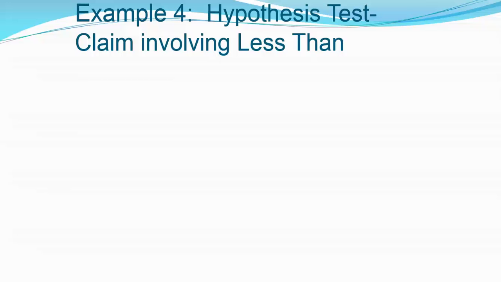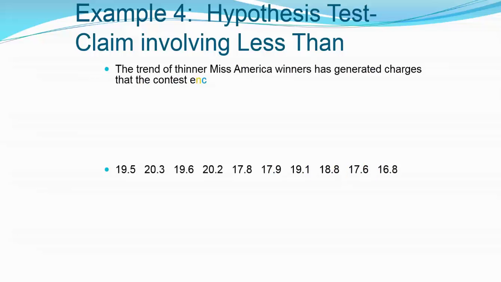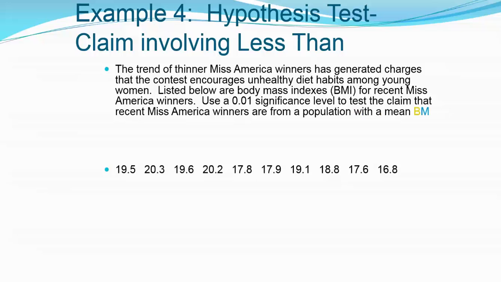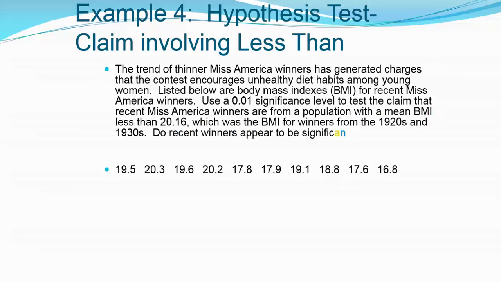Now let's look at a hypothesis test for a claim involving less than. The trend of thinner Miss America winners has generated charges that the contest encourages unhealthy diet habits among young women. Listed below are body mass indexes, or BMIs, for recent Miss America winners.